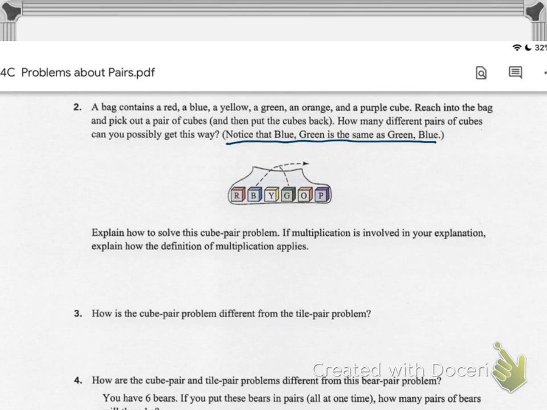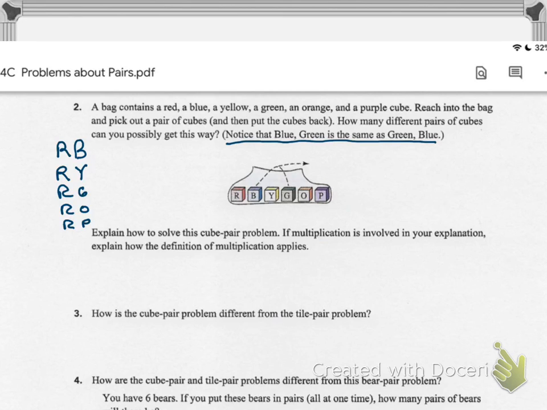Okay, so the way I would handle this is I would say, okay, if I picked the red one, what could I pick simultaneously with that? I can pick a blue, so I have red-blue, and yellow could come next, or red-green, red-orange, red-purple. Okay, so that's my pairing with the red.